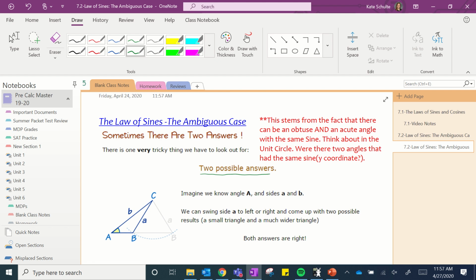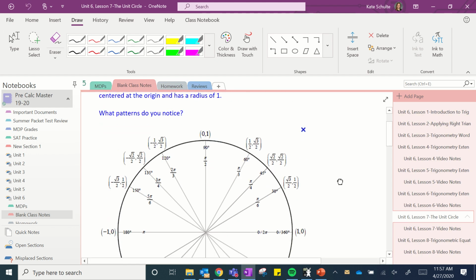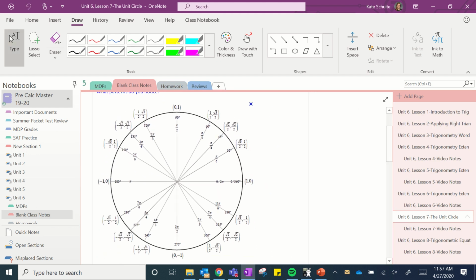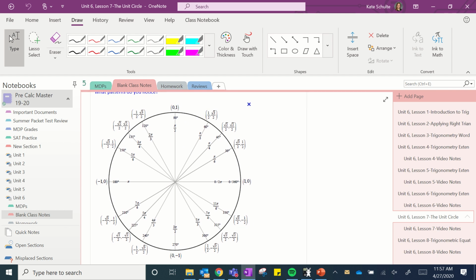If we remember back to the unit circle, sine was the y. You can notice that there's a bunch of different angles here that have the same y coordinate. For example, pi over 6 has y of 1/2, and then also 5 pi over 6 has 1/2.